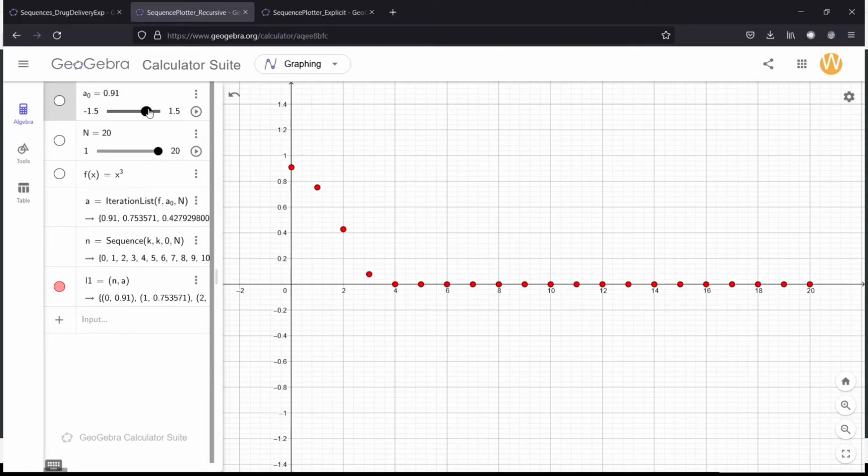And for all the values of the initial starting point for this sequence going all the way down to 0, the limit of this sequence is still 0.